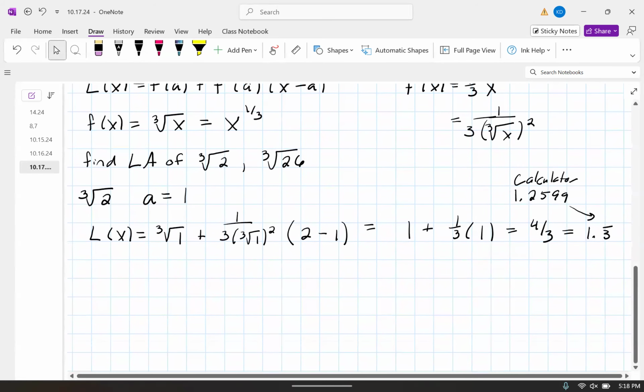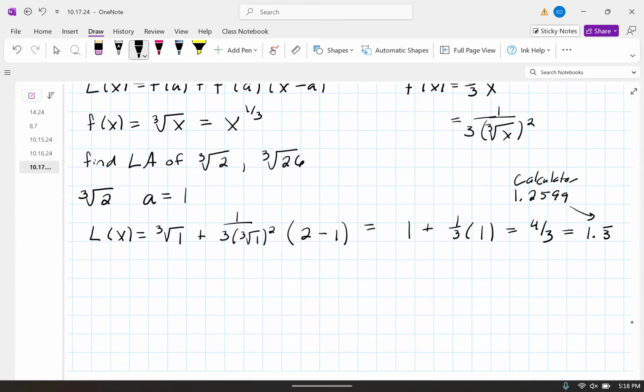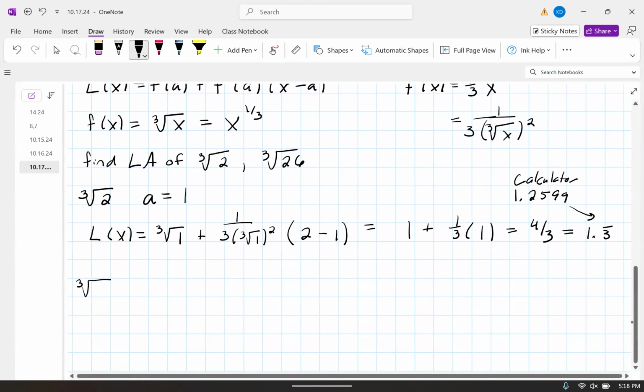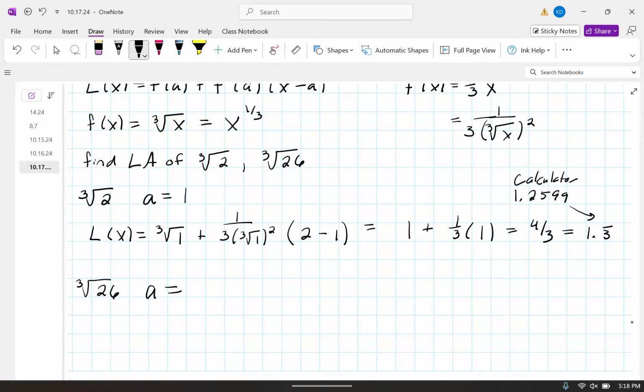Okay. Cube root of 26. Any thoughts on what a should be? Good. 27.